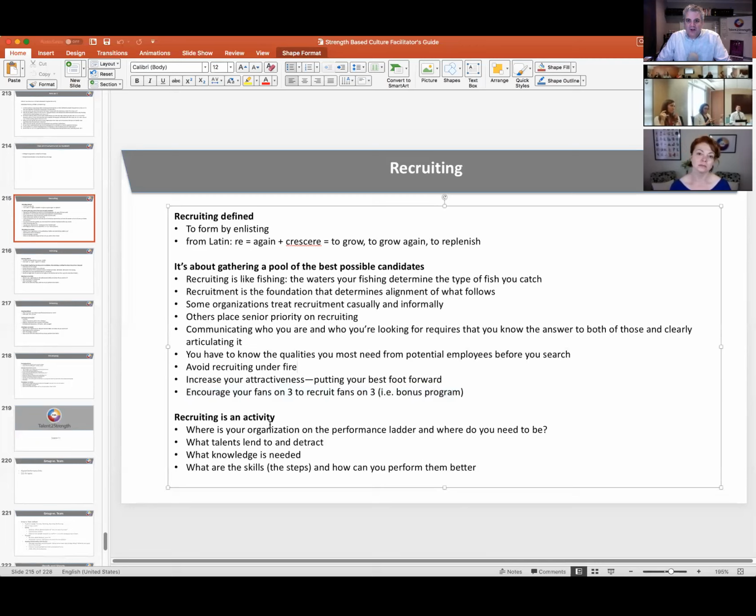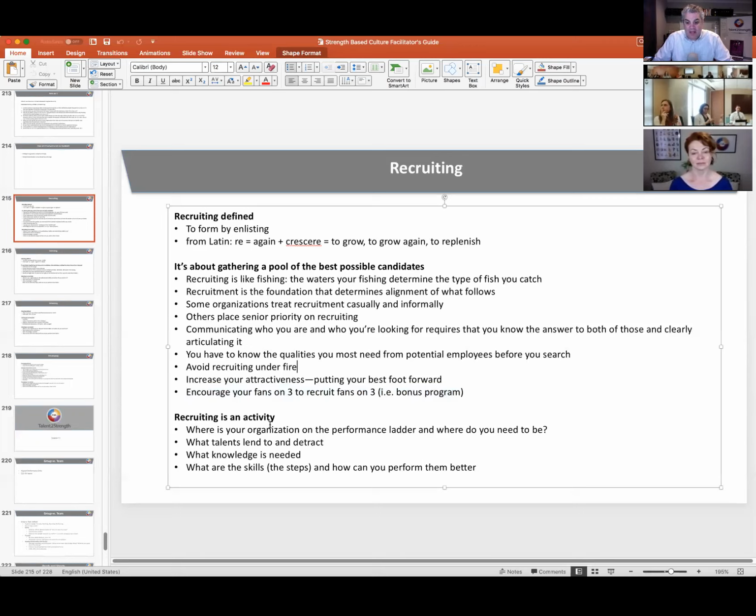Could you picture being the fan on 3 on a team without fans on 3, with fans on 2s and 1s, and someone came to you and said, hey, would you like to be part of a team where you aren't the one carrying everybody's weight and you're surrounded by people that are as committed to excellence and work ethic and positive team environment as you are?